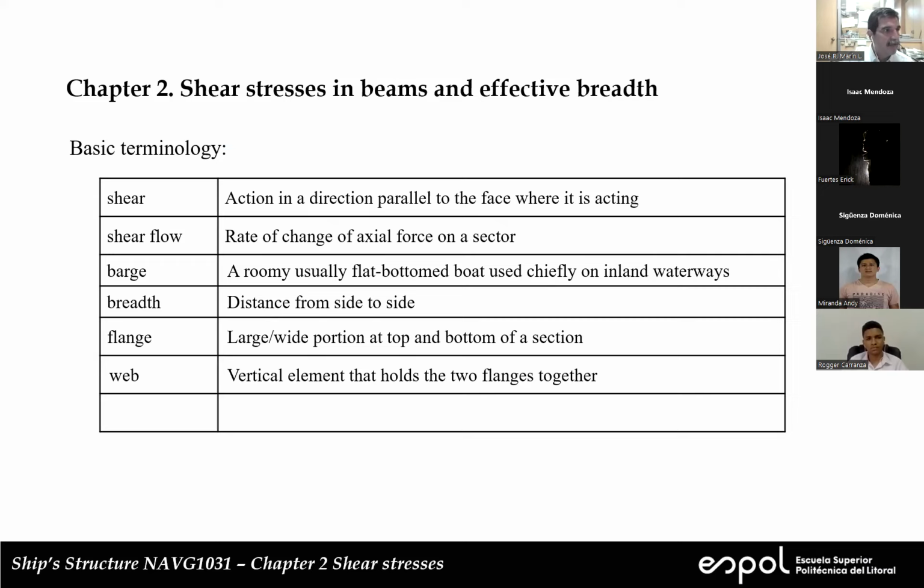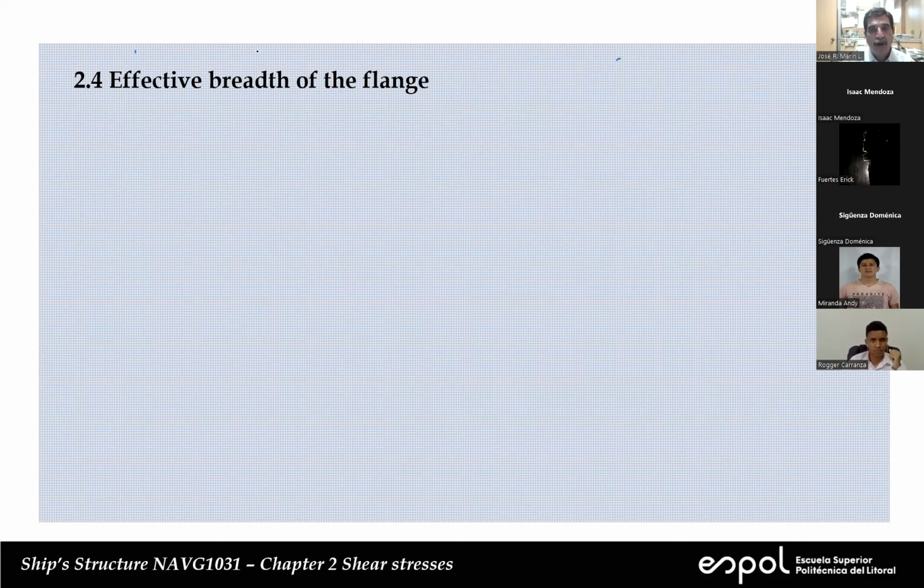So that's what I pretend to do from now on, okay? As you remember, I explained at a certain point what the flange means or what the web means, okay? But the rest is basically very well known to you, I hope.